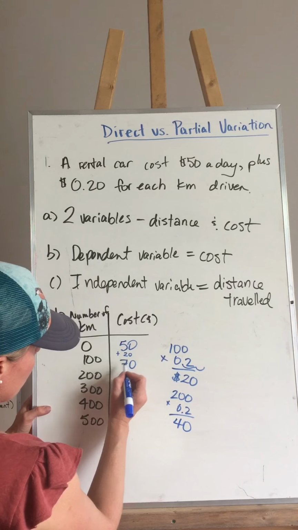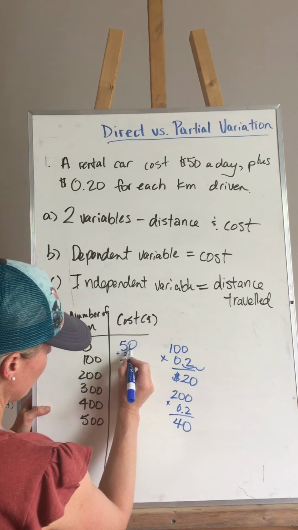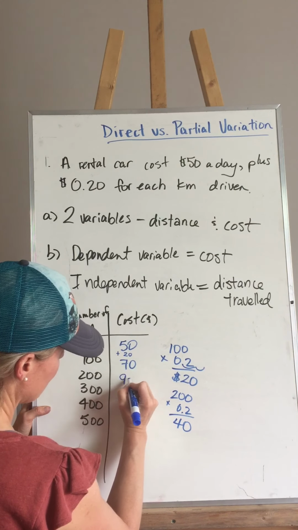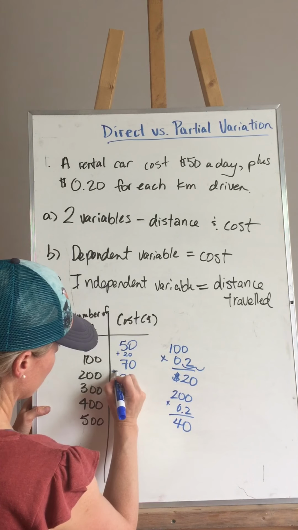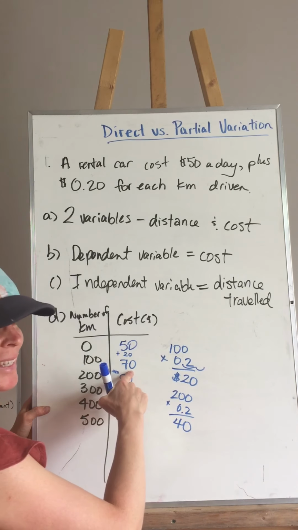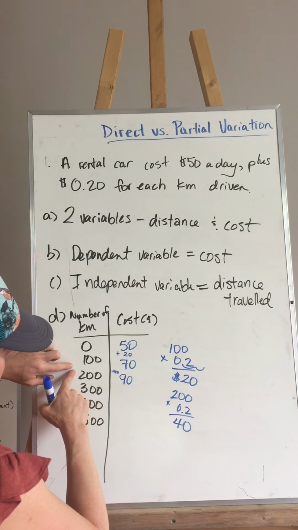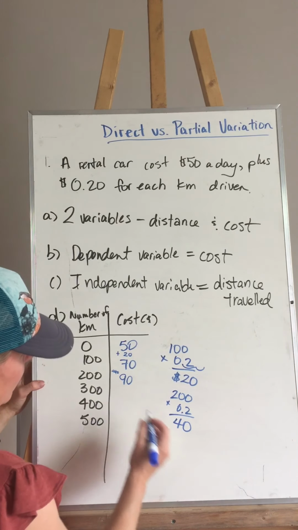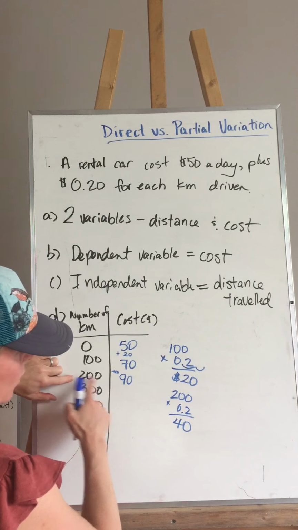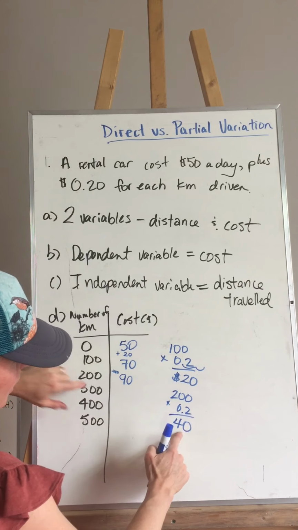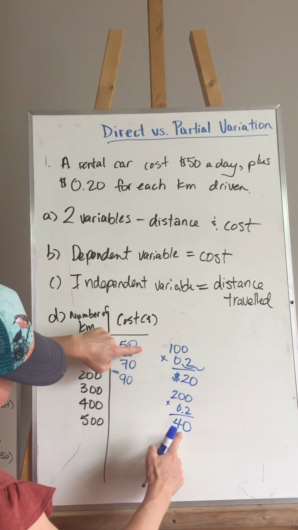So what I could do is add 40 to 50, which gets me to 90, right? Be careful that I'm not adding it to the 70, because I've only really gone up 100. So that's how you could do it. You could do the 200 times your 20 cents and then add that to the original cost.